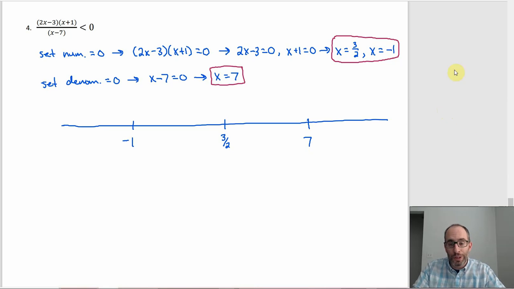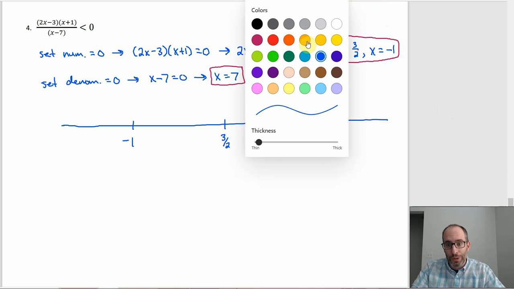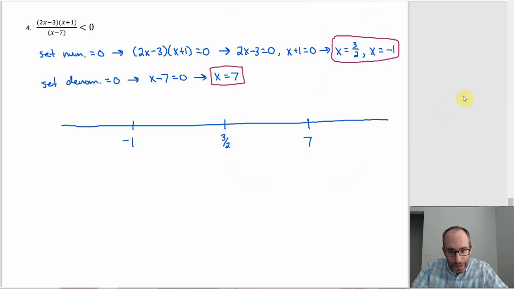Another thing that I think we could do right away is it's a strict less than, right? It's the values of x for which that rational expression is less than 0. So it's not a less than or equal to, which means we don't have to worry about any of these endpoints here. So open circles everywhere.